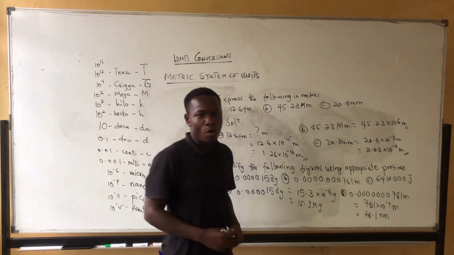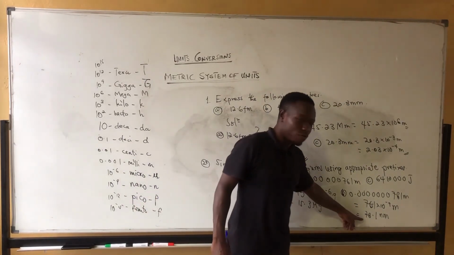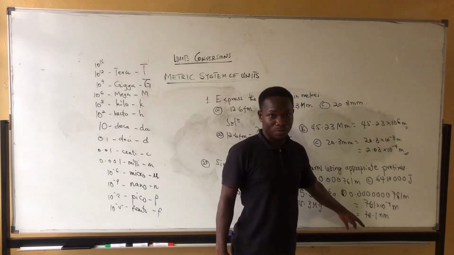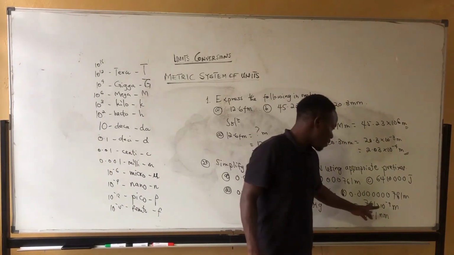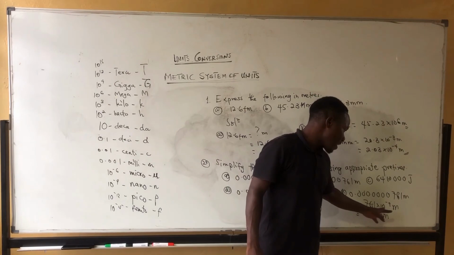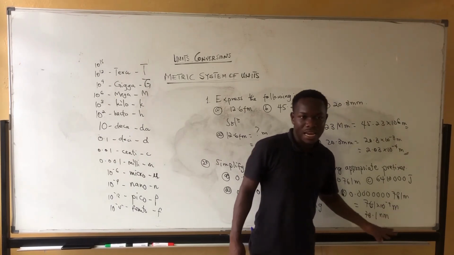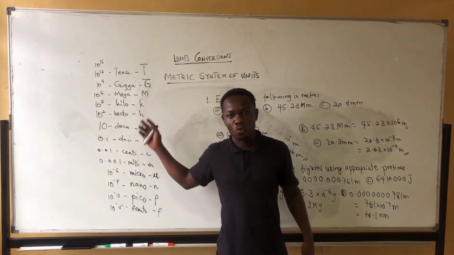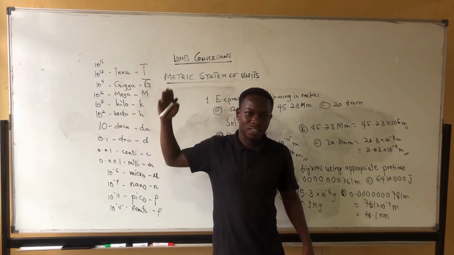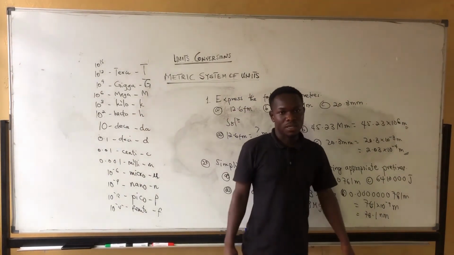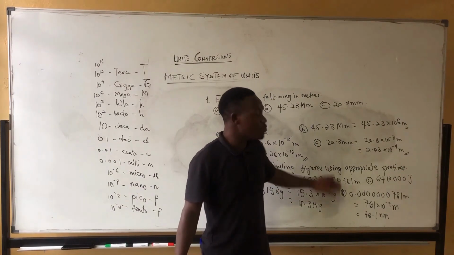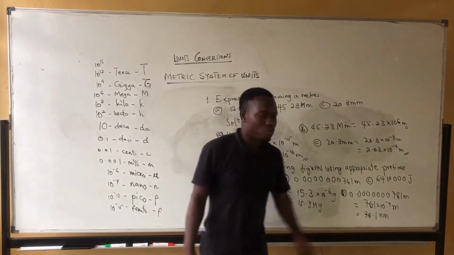Mind you, the goal is not to write it in standard form. This is not in standard form, but I've written it using the appropriate prefix. In standard form it would be 7.61 times 10 to the power negative 8, and negative 8 is not a multiple of 3, so it has no prefix. So this is the correct answer. You could have written it using micrometers, it would not be wrong, but this is the most appropriate answer.